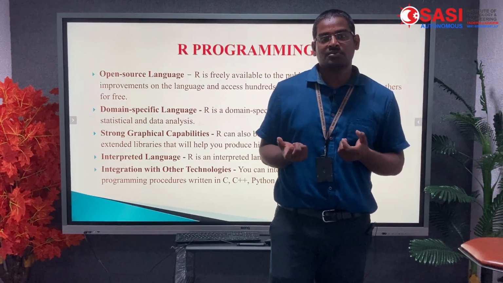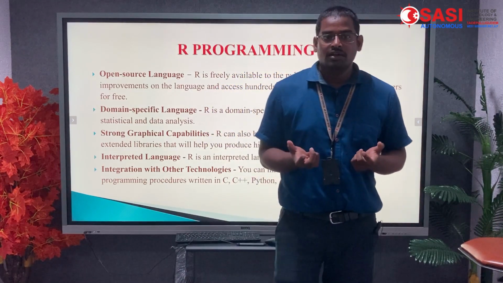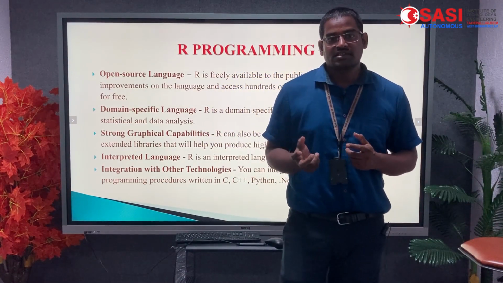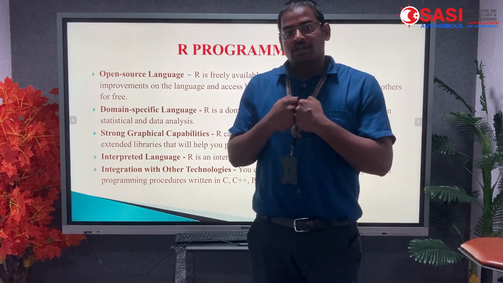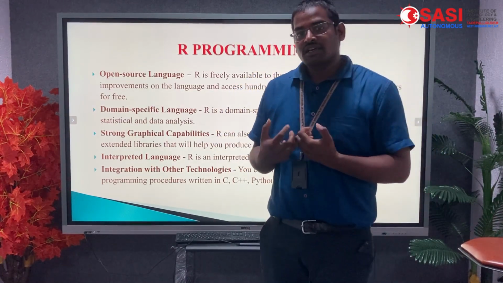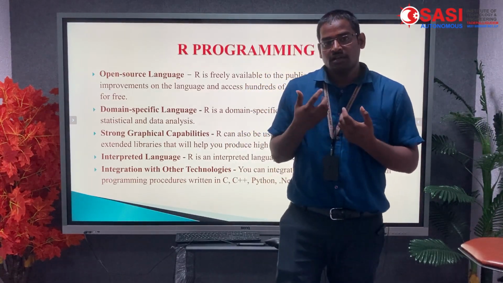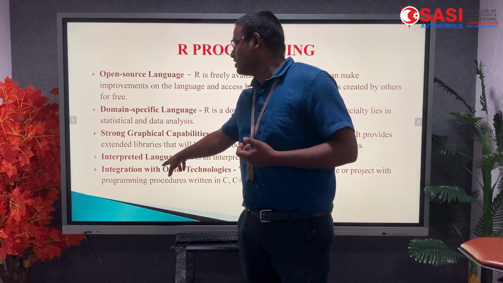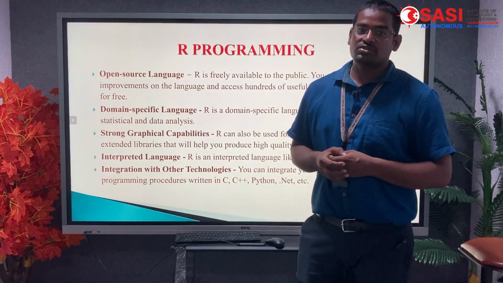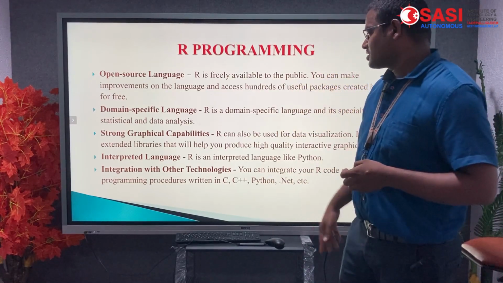So without compilation, we are able to execute and test our code. Such a feature is called the interpreted feature. That interpreted feature is available with R programming. That's why we call it an interpreted programming language, just like Python.